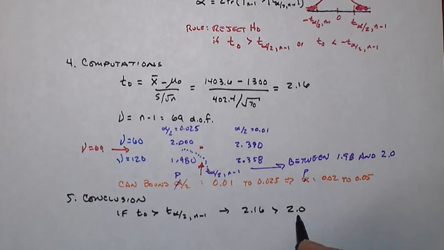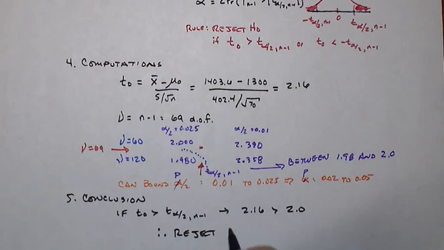It might be 1.98, it might be 1.99, it'll be somewhere probably between 1.99 and 2.0, but who cares, right? Because this is already larger. That already gives us a conclusion, and therefore we are going to reject H naught, which means that we're rejecting that mu is equal to 1300.